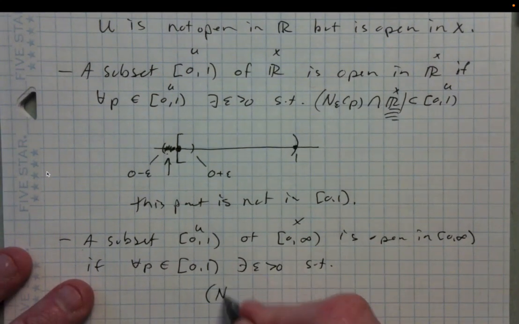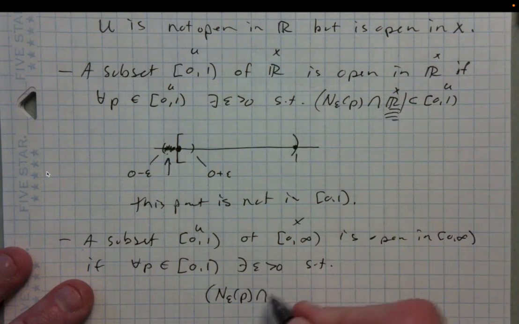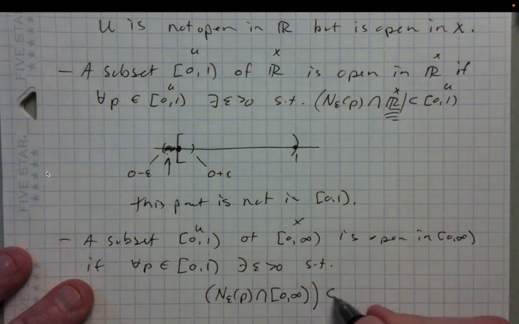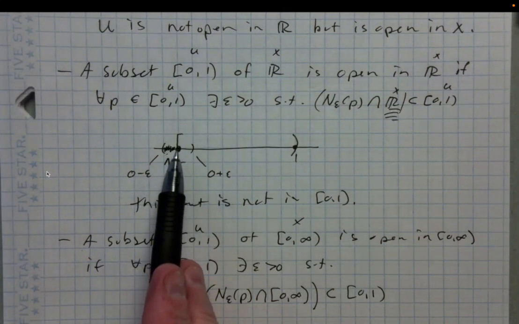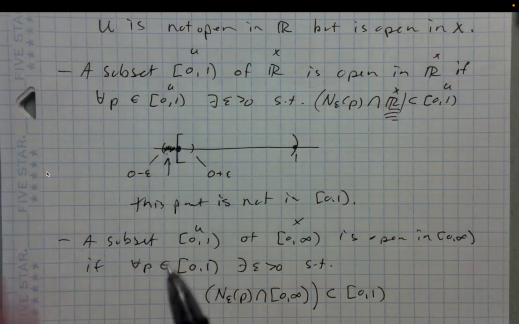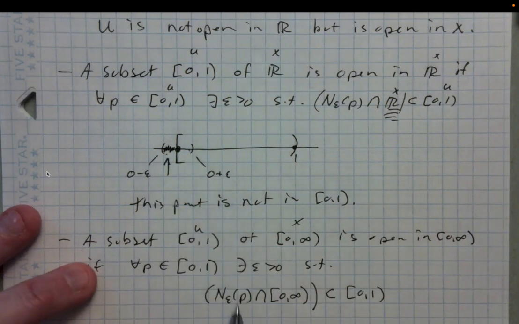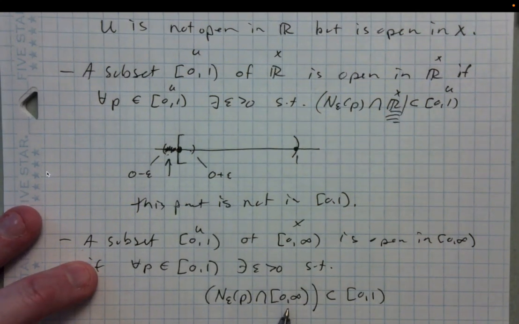Well, the epsilon neighborhood of p intersect 0 to infinity is contained in 0 to 1. Well, that's definitely true, because the intersection of the epsilon neighborhood in 0 to infinity is what?